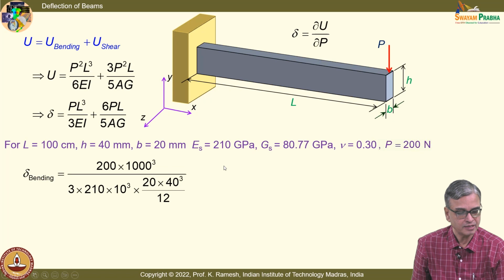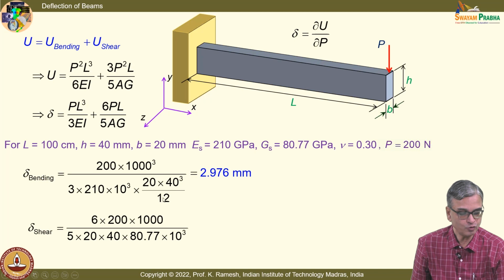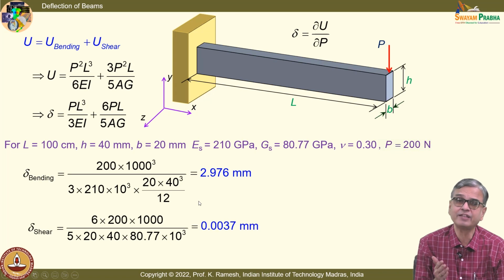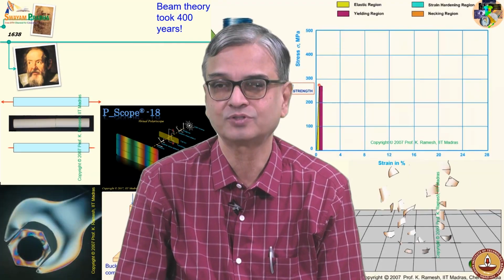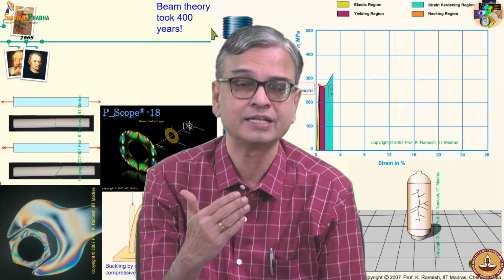deflection. It has two components. PL^3 by 3EI comes out to be 2.976 millimeters. And if you look at the shear term 6PL by 5AG, that comes to be a very, very small number, 0.0037 millimeters. So, you have a relative appreciation.